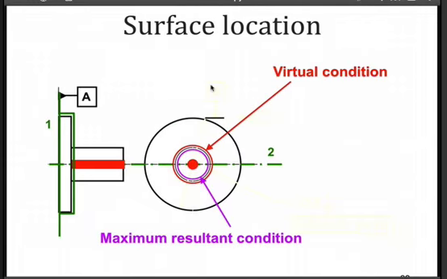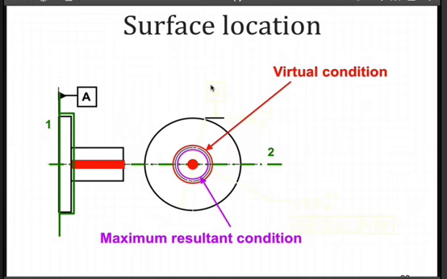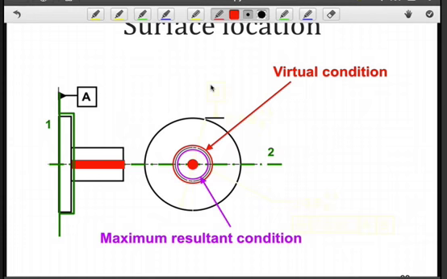Well, what's happening with the surface as we see variation in the axis over here? The axis varies due to our individual processes that are being used to produce that feature. And now within this red zone, or cylinder, we allow that axis to vary in orientation, shape, as well as position.